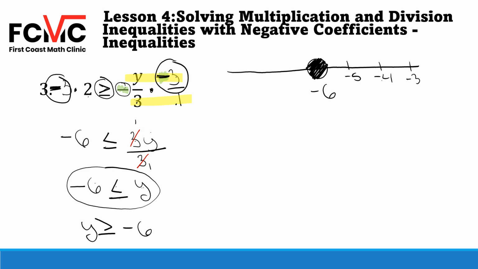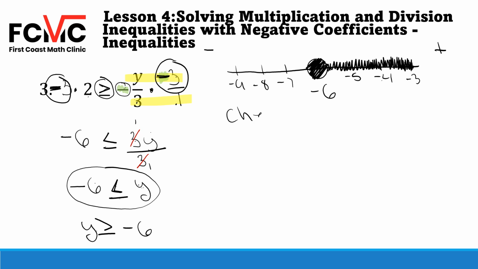Negative 5, negative 4, negative 3 are larger values to the right, lesser values to the left. Negative 7, negative 8, negative 9. Now, our inequality is opening towards the variable, so the variable is greater, so we're going to shade to the right. Okay, so this graph represents our solution.